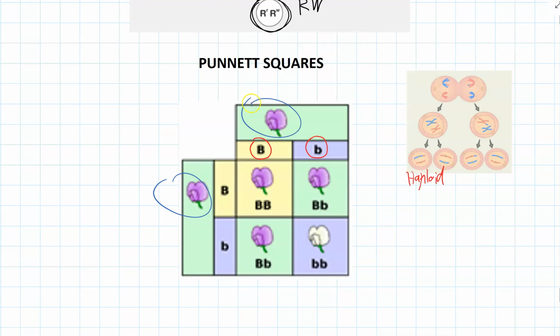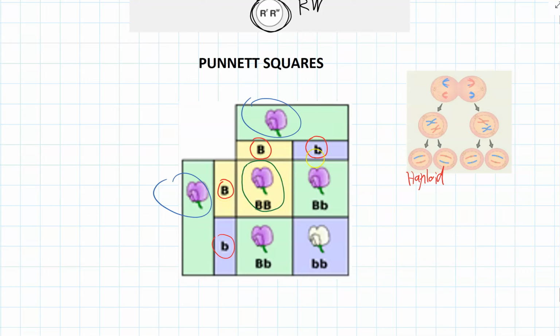So for this pea plant here that's purple, it could either donate a big B allele or it could donate a small b allele. And it's the same for this other parent plant over here. It could donate a big B allele or it could donate a small b allele. And so then we're basically talking about probabilities now. So if this gamete happens to fertilize this gamete, then the baby pea plant will have big B big B as its genotype.